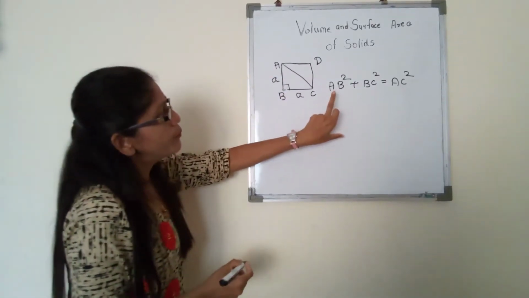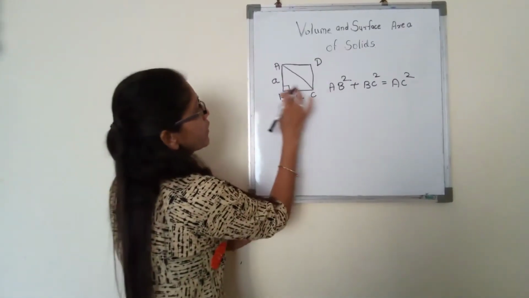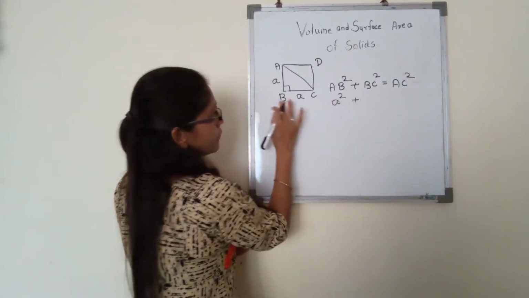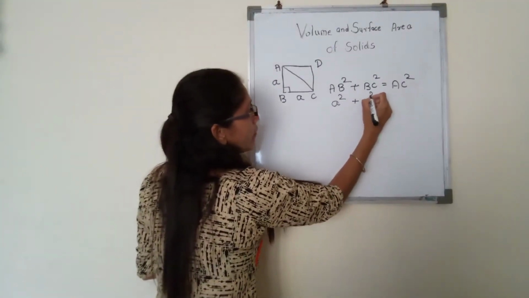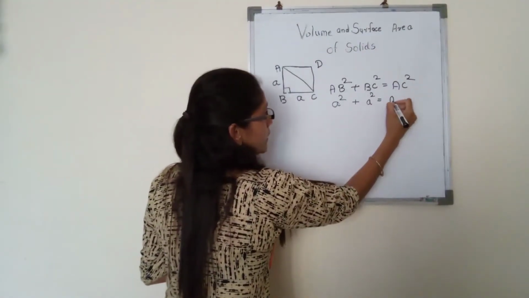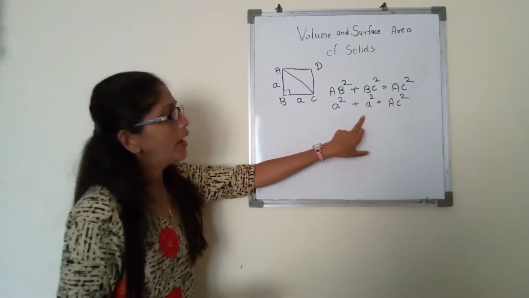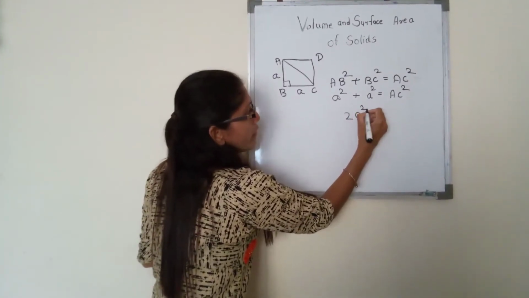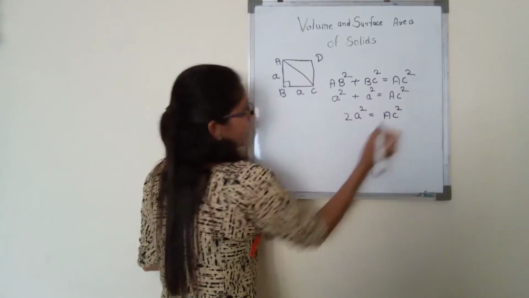Then I put the sides here. AB square, the side is a, so a square, plus BC, the side is a, so a square, is equal to AC square. Adding this, 2a square is equal to AC square.